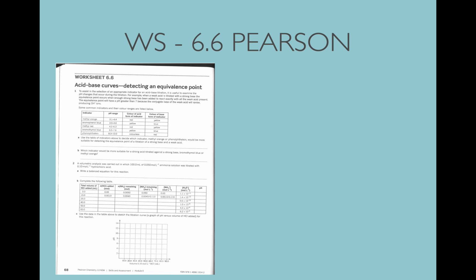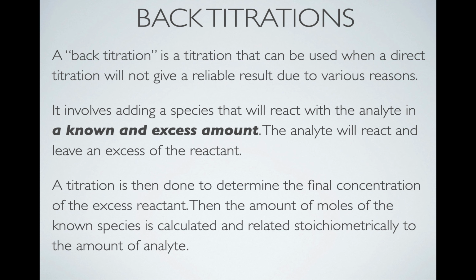Okay, let's talk about back titrations. So a back titration is a titration that can be used when you can't do a direct titration. It won't give reliable results due to a couple of reasons, and we'll talk about them. So it involves adding a chemical species that will react with the analyte, and you put it in an excess amount, okay? So you're deliberately dumping a whole heap of some known substance in there to get rid of any possible trace of what you're trying to find out, and reacting it all away.